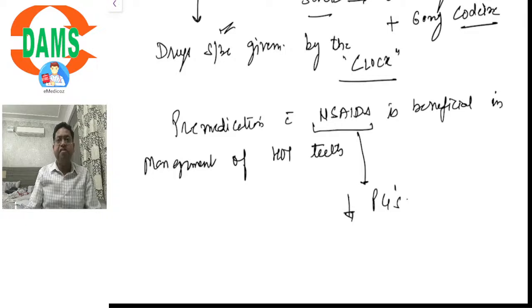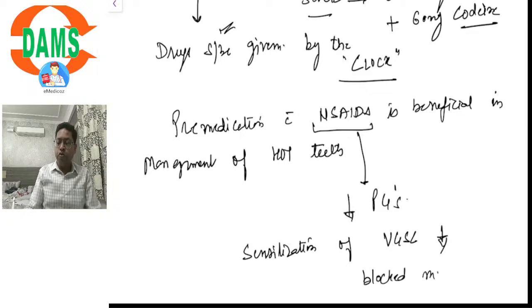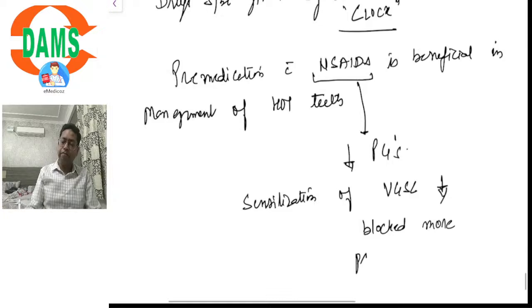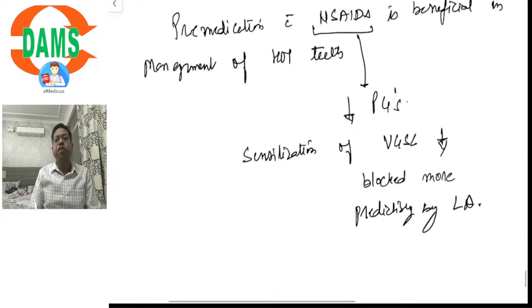So when the prostaglandins are inhibited, the sensitization of voltage gated sodium channels is reduced and they are blocked more predictably by local anesthetics. This is the way we manage hot teeth. We can, in a way, indirectly increase the efficacy of local anesthetics in such cases.